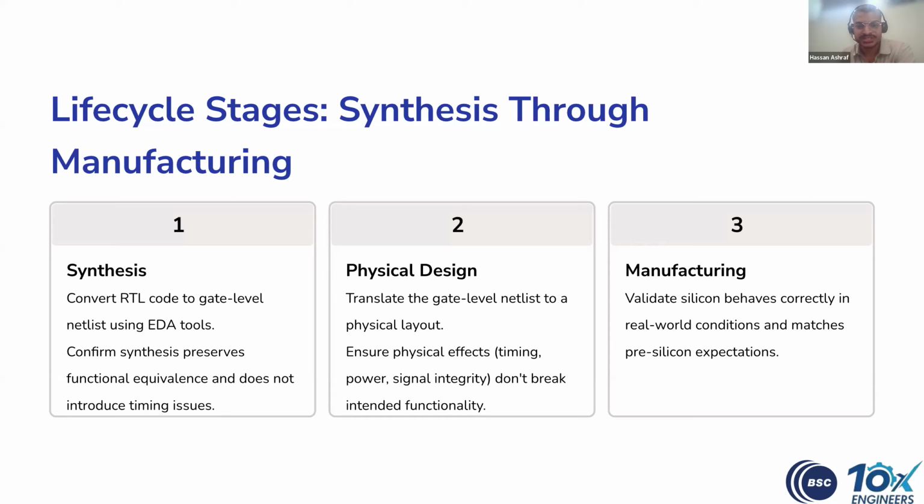And then the manufacturing stage, to validate silicon behaves correctly. So we send the design netlist files to the fab, and then the fab manufactures the chip. And once that chip is developed, we validate silicon behaves correctly in the real world and matches pre-silicon expectations. Once that is done, then we are good to ship out the chip to the market.